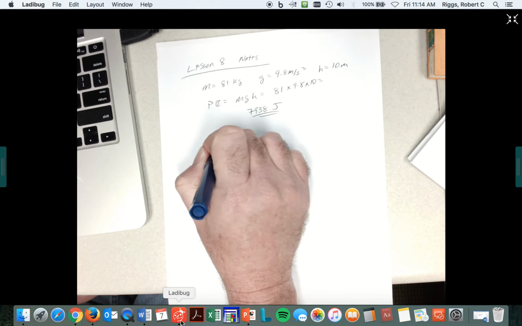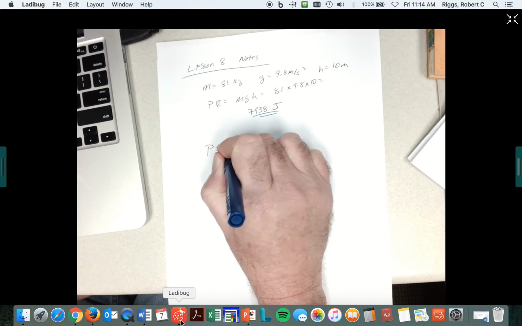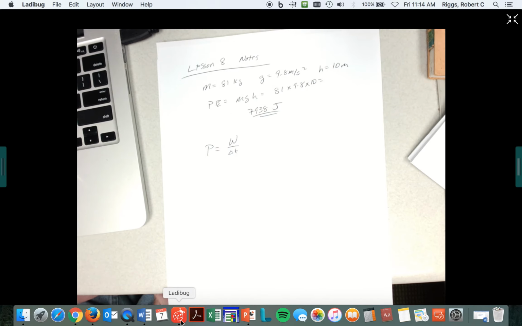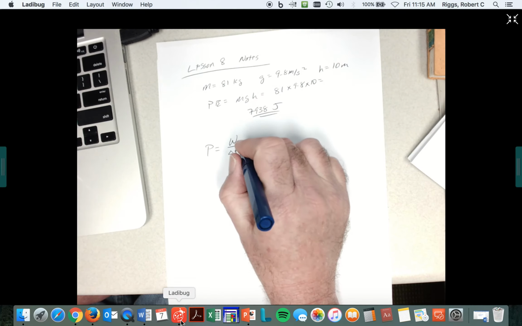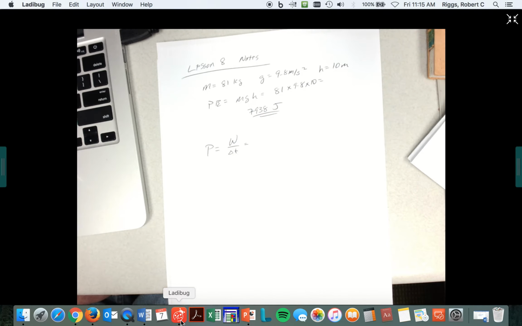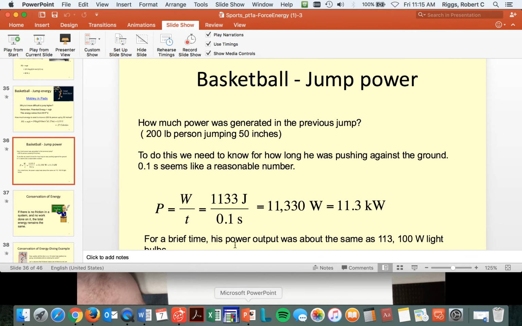So power, remember, is equal to the amount of work divided by the amount of time, and is also equal to force times velocity. We can do that too. But anyway, let's see how quickly he did it.